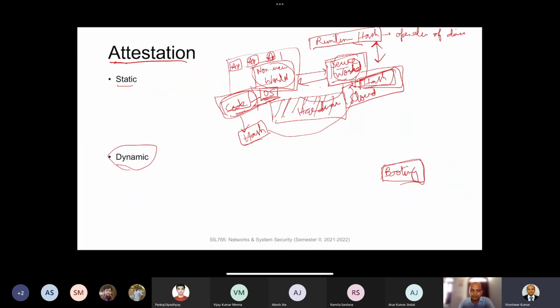Sir, but for this to work, we need to store the hash of that OS first in the hardware. Exactly. But we don't usually change the hardware, so how do we store it in the first place? Yes, that is a perfectly valid question, and that is why I said the initial versions of these trusted execution environments, the initial applications, had some reconfigurability issues.